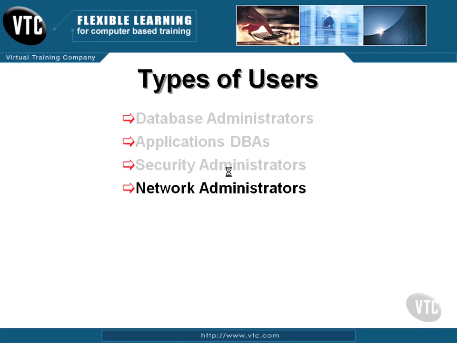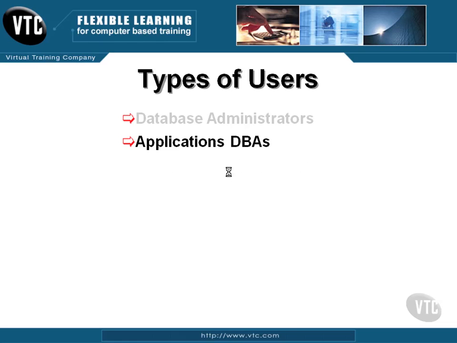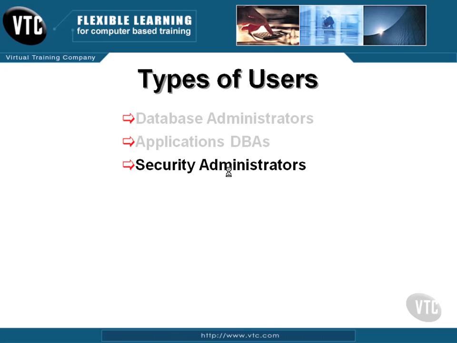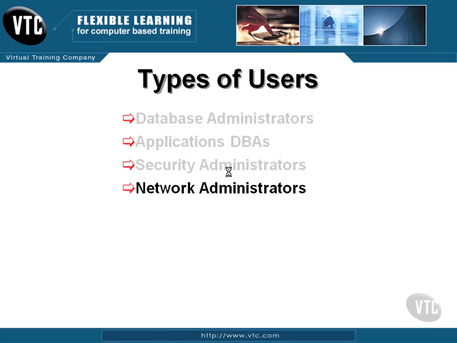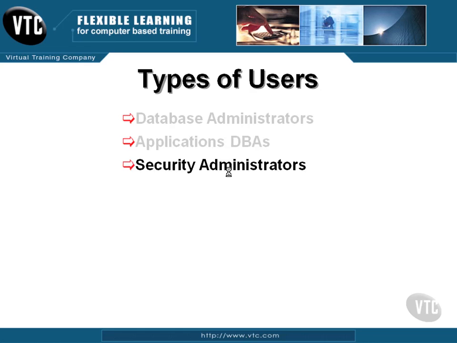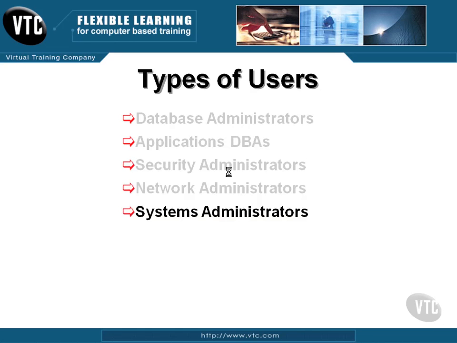Network administrators, similar type function in relation to Oracle database administrators as security people, but they have network knowledge and network skills. They know all about the networks, but they will also work with the database type role as well, as opposed to the application DBA role.